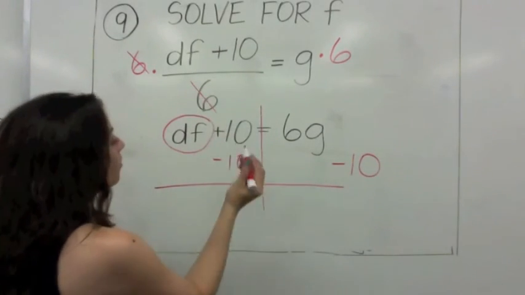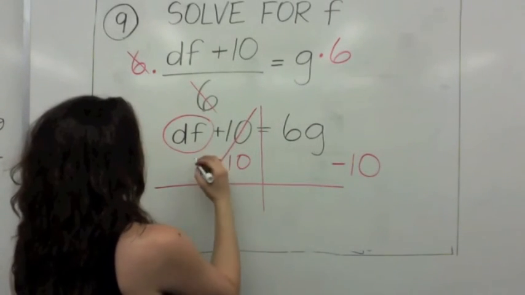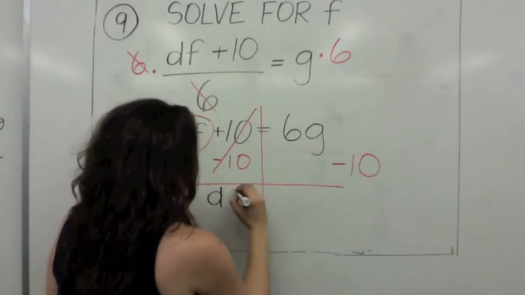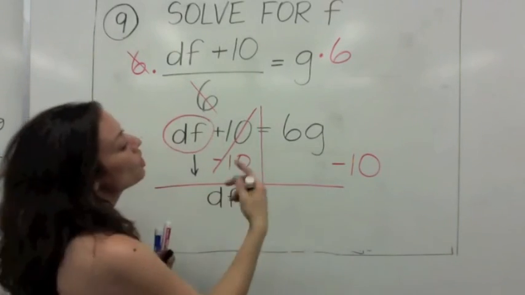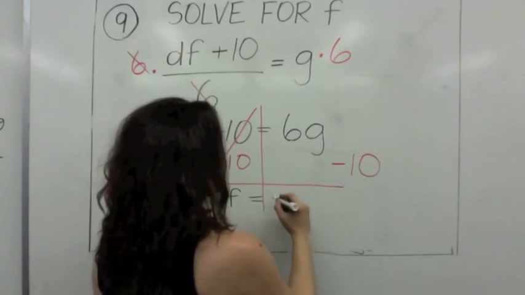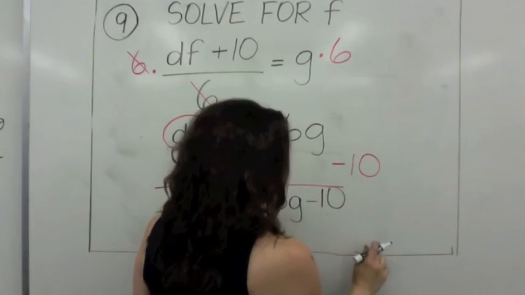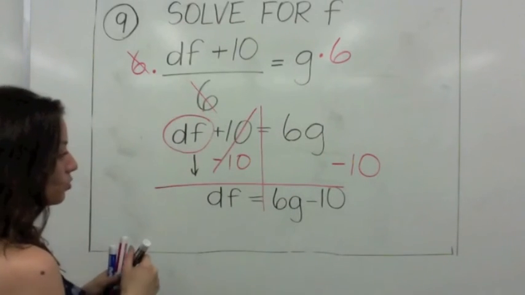Okay. So a positive 10 and a negative 10 make 0. You're going to bring down df. When you do that, over here, you cannot combine these because this does not have a g. So I'm going to write it as 6g minus 10. You with me? All right, good, because we're almost done.